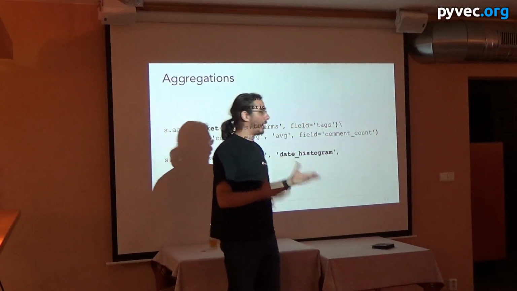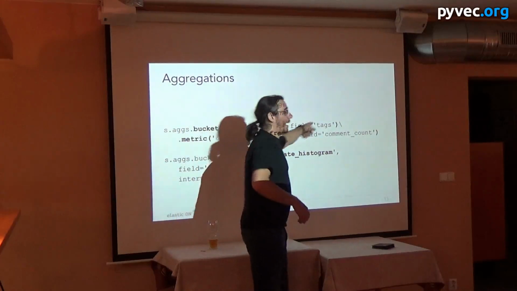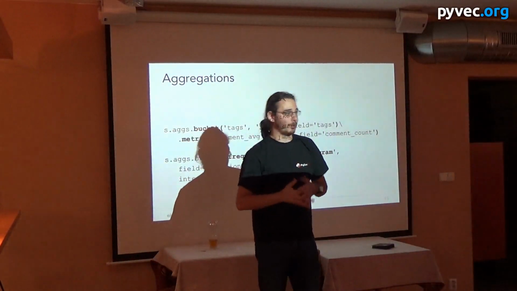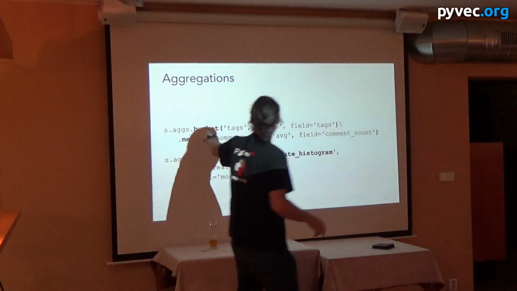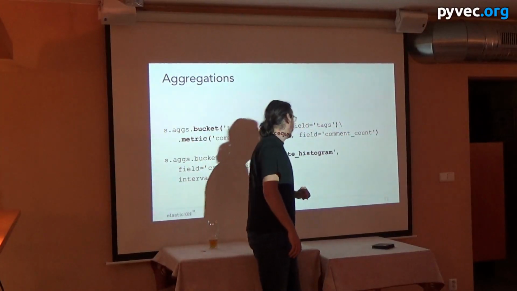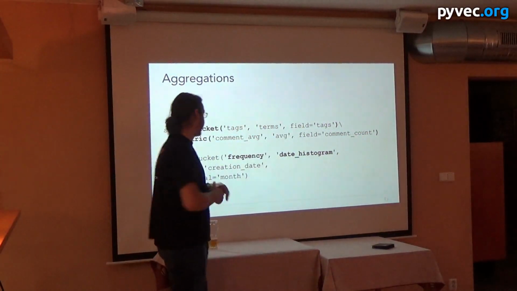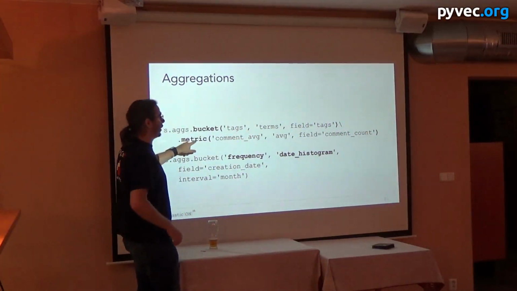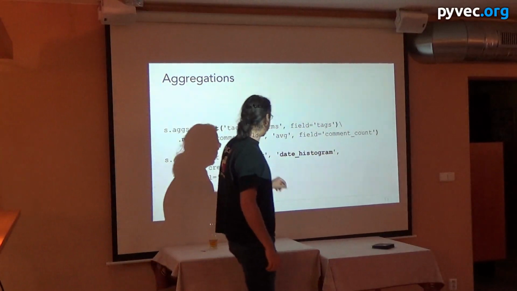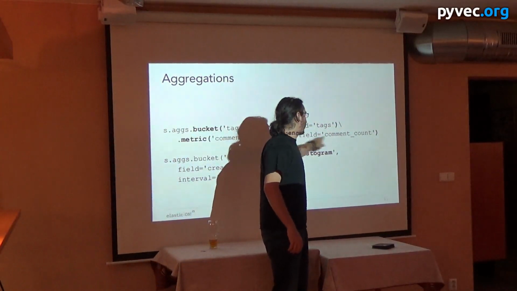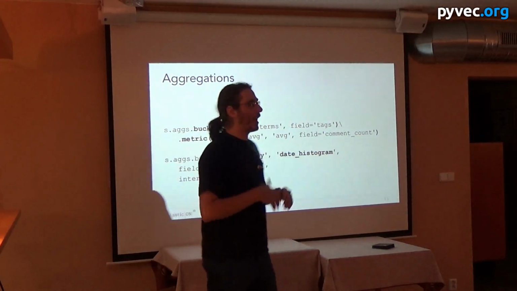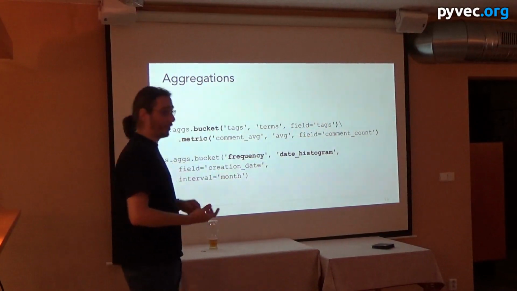So you say group by tag, which will essentially create one bucket for each value of the field tag. So this is us doing the same thing. We're using the terms aggregation over the field tags to create a bucket per value of the tag. Inside each of those buckets, we're asking for a metric. The metric will be called comment average in the results, and it is an average calculation over the field comment count. So we have a numeric field in our data called comment count, and we're asking what is the average value of this field per bucket.